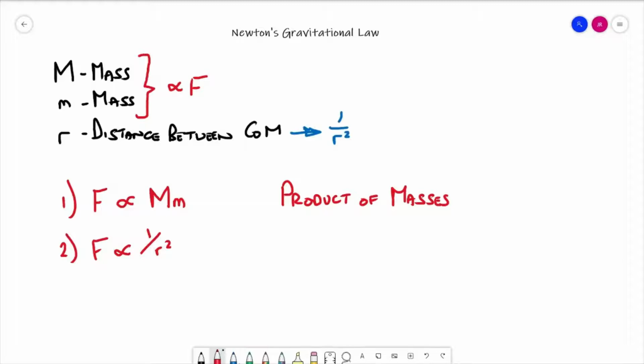And funnily enough, when we change that for masses and look at Newton's gravitational law as opposed to Coulomb's law of electrostatic force, there are a lot of similarities.